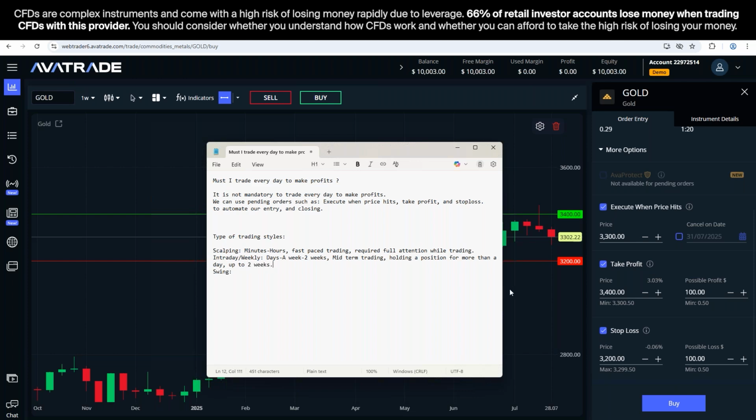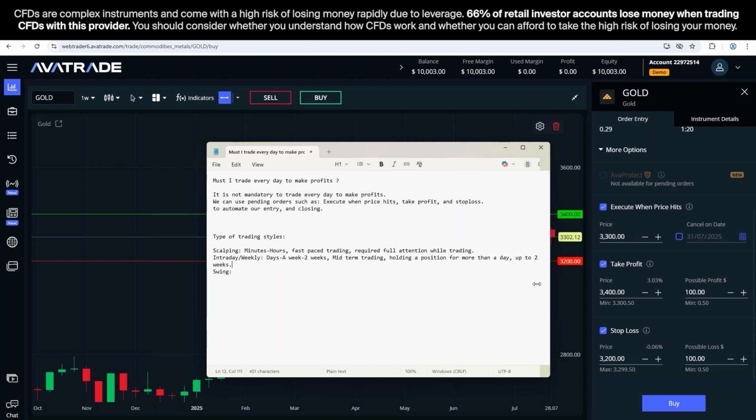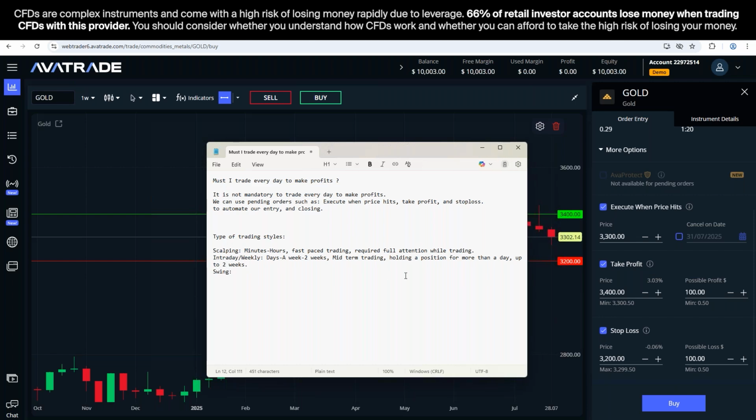Okay, 2 weeks is also considered a lot. It's not under the intraday, but I've included it under the intraday anyway, just for us to have a simple explanation, and the list so it doesn't get too long. And swing is obviously just, let's say, 2 weeks up to even years, right? Months and years.